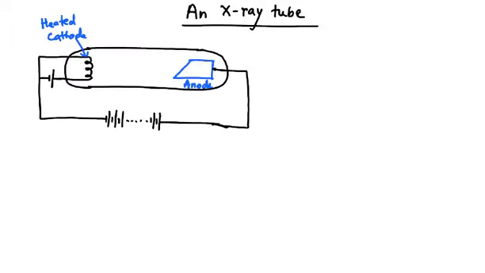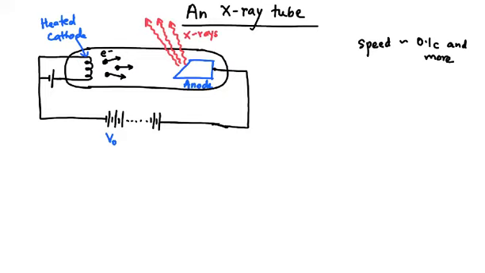This is the sketch of a modern medical X-ray tube. Electrons are ejected from the heated cathode on the left. Then a potential difference of several thousand volts between cathode and anode accelerates these electrons, which therefore acquire several kilo electron volts of kinetic energy.